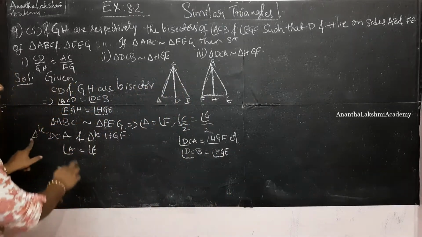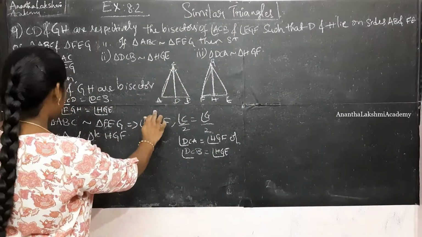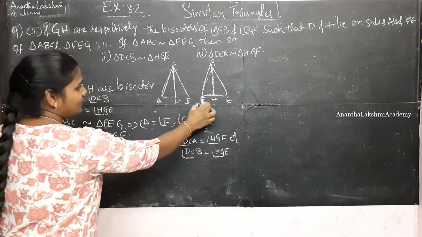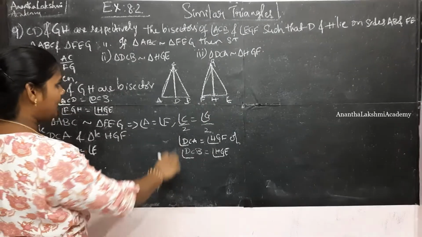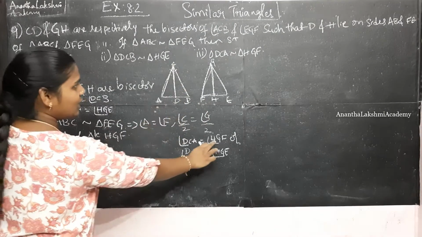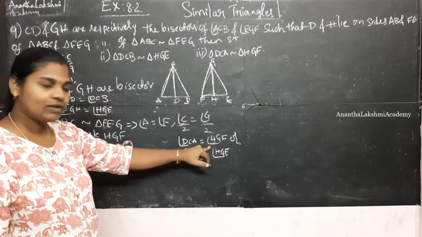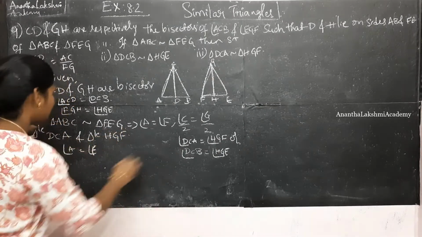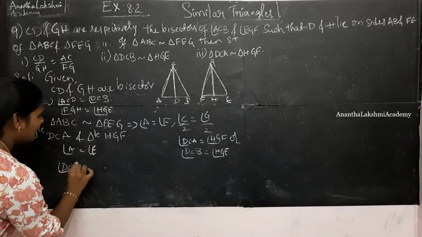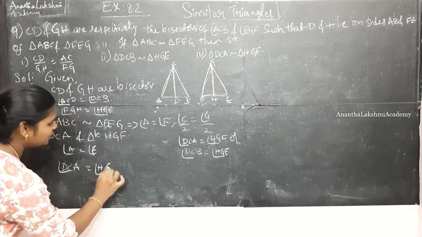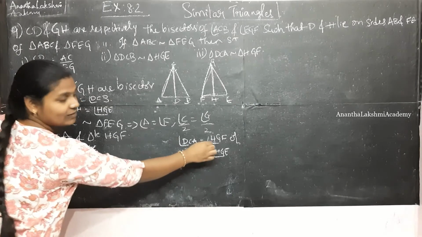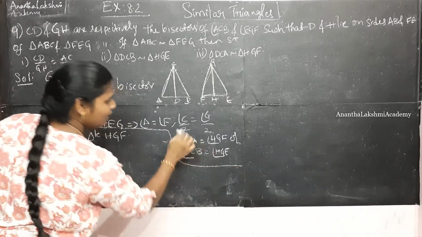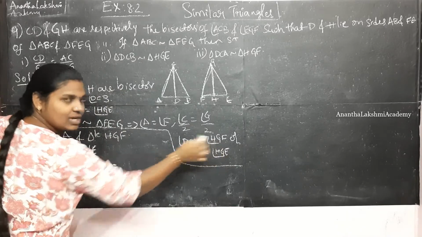Now when we are considering triangle DCA and triangle HGF, angle A is equal to angle F, and DCA is equal to HGF is already one thing we got. So I am going to write that angle DCA is equal to angle HGF. How did I write that? From this, when we said triangle ABC is similar to triangle FEG, we got that DCA is equal to HGF.